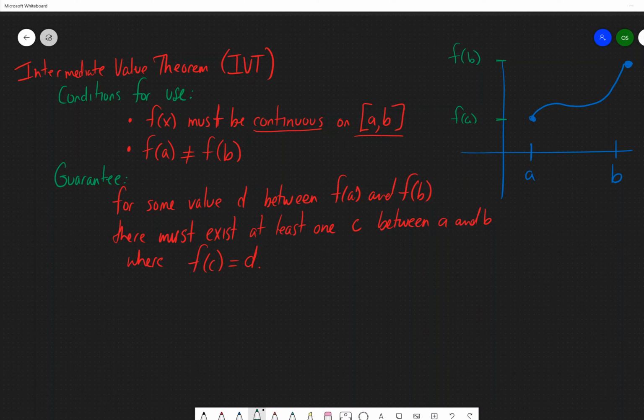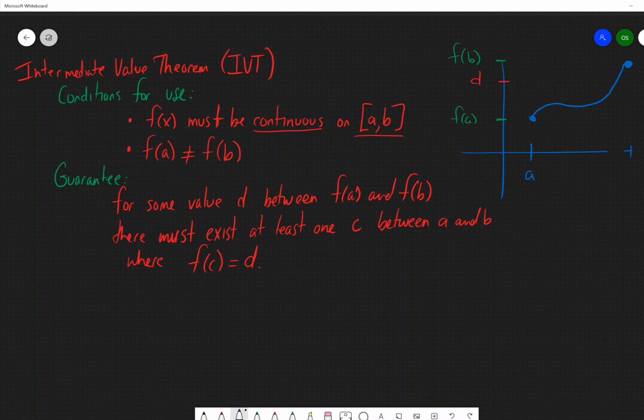All right, so now it says for any value, I can pick any value D that has to be between f of A and f of B. So let's say I pick here. Let's say this is D. The theorem says and guarantees there must exist at least one C between A and B where f of C equals that D. So where is this value? Oops, I didn't put that right where that should be.